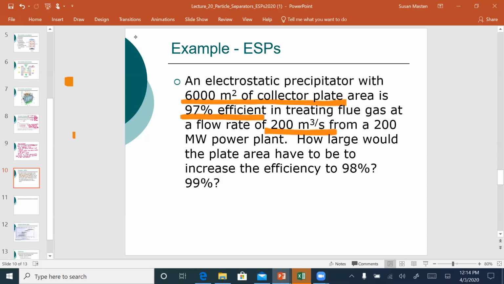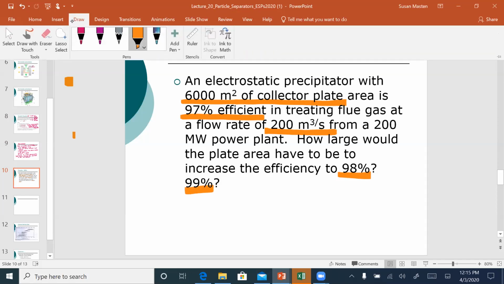So the question is, how large would that plate area have to be if we wanted to increase the efficiency to 98%, or if we wanted to increase it to 99%?